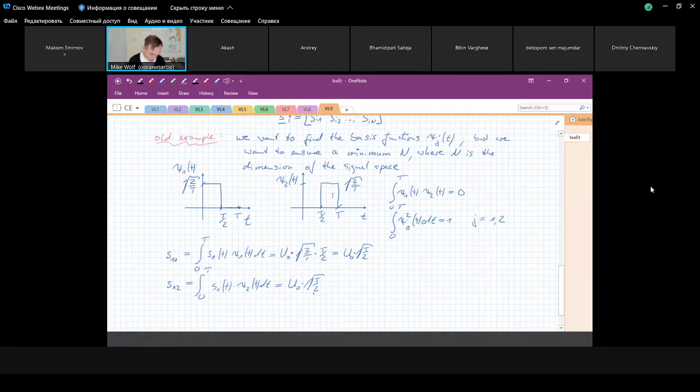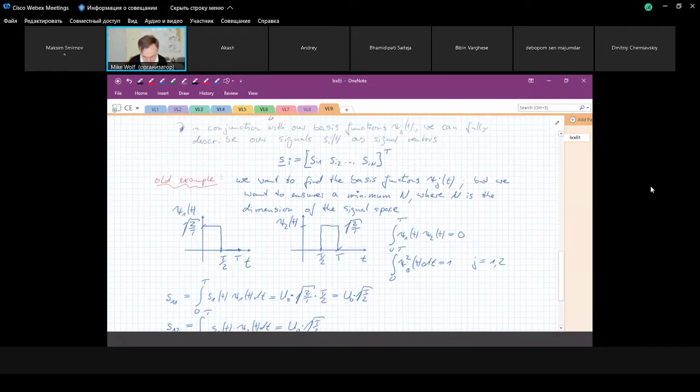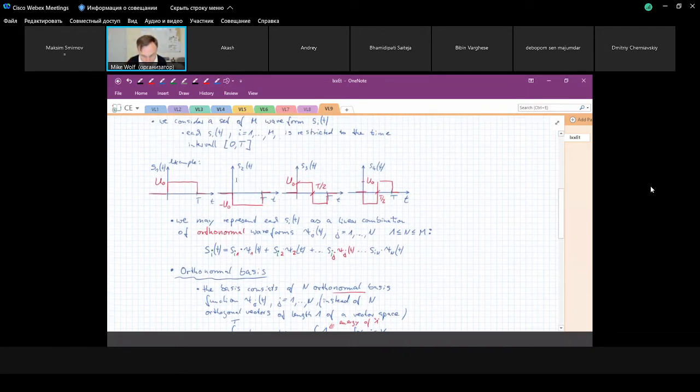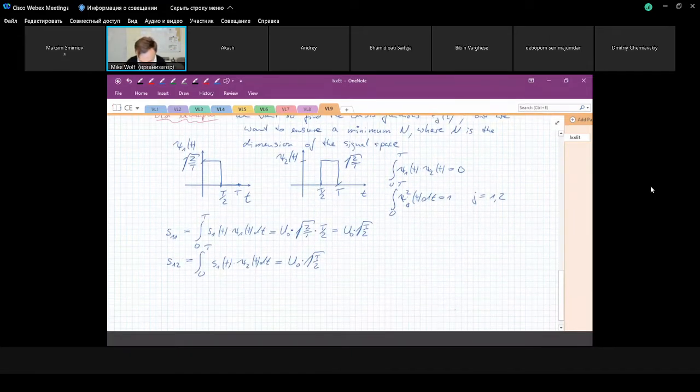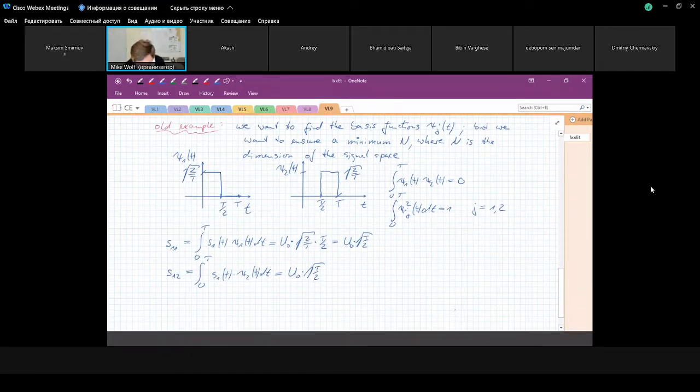Now we can proceed, and it's clear if we take a look at S2, the second signal is just minus the first signal. And since we can represent the first signal, that's clear, this is our goal. S1 of t can be written now as S11 times psi1 of t plus S12 times psi2 of t.